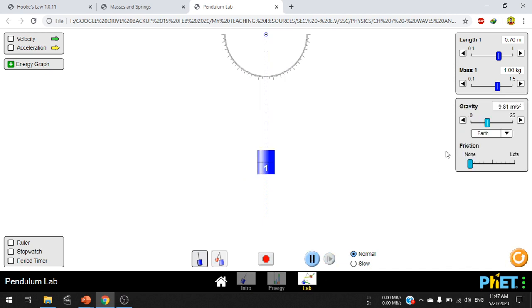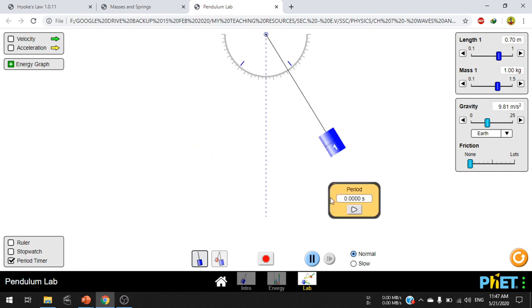And now what will happen if we increase the gravity? In case of Earth, the acceleration due to gravity is 9.8. It takes a particular amount of time. For example, if we take a period timer, we can find the time period. Time period is 1.731 seconds.